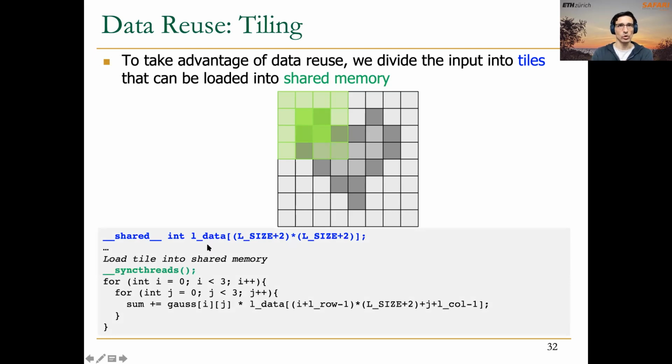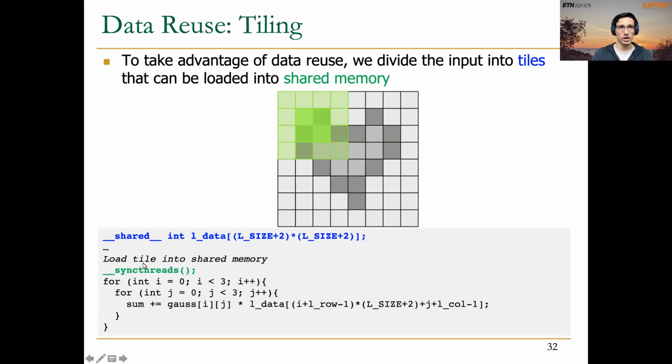And this is how the modified code would look, simplified, for this Gaussian filter. We first need to declare the array L data that is going to keep the whole tile of the image that we are going to load to this shared memory.